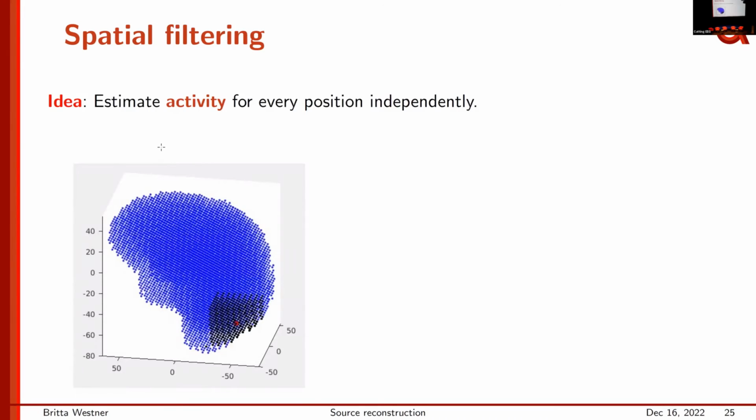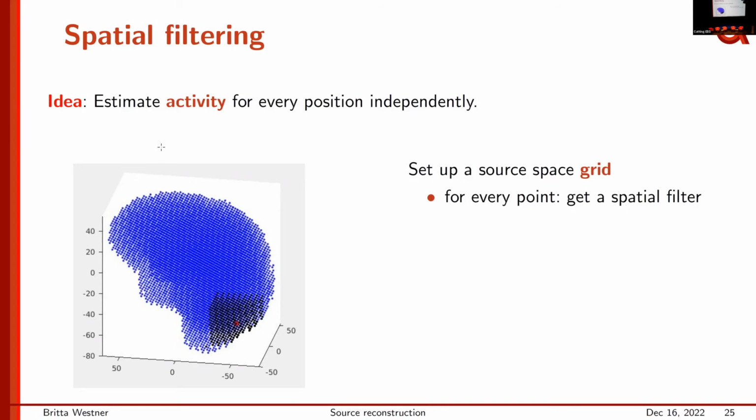So often in beamforming, we are not constrained to just looking at the surface. We can also look at a volumetric grid, so a grid that goes through the whole brain, as we have here. So we start by setting up the source space grid.